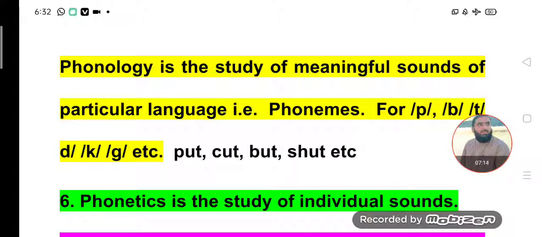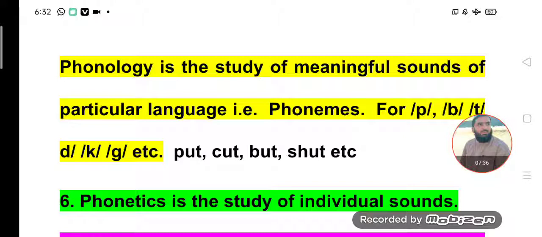Smallest meaningful sound means that the sound brings a change in the meaning of a word. For example, p, b, t, d, g, etc. These are phonemes. These are meaningful sounds. Like in put and cut: in put we use p, in cut we use k.